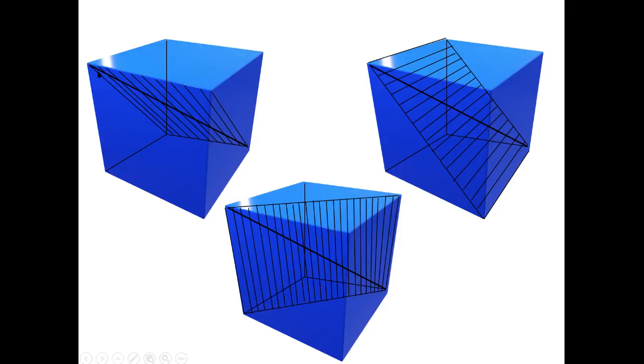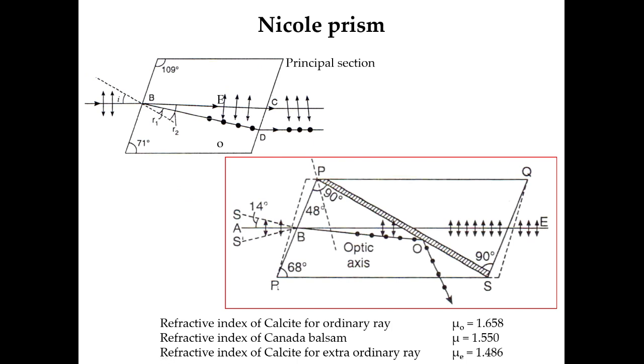So if this is the optic axis, then we can draw three planes which are perpendicular to any of two planes in this crystal, and that contain this optic axis also, like this or like this or like this. So these three can be the principal section of the calcite. So here this is the principal section.